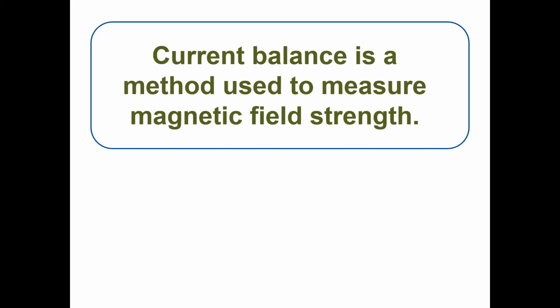Magnetic field is one of the most mysterious fields of its time. So they were always looking for some device, some probe to catch the magnetic field. Current balance is a good alternate for Hall probe.